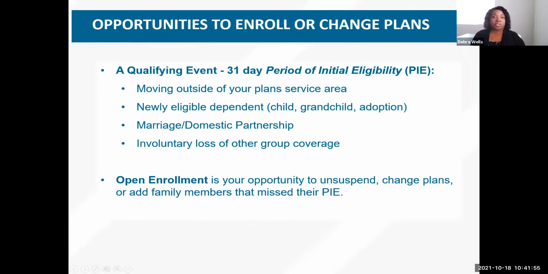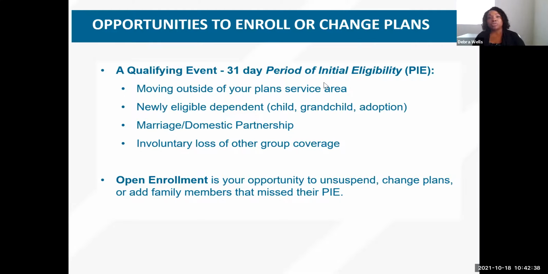So opportunities to enroll or change plans is if you have a qualifying event. If you are moving outside of your plan's service area, or you have a newly eligible dependent, a new spouse, or you now have your grandchild that you have to care for living in your home, you get married, or you were covered under your working spouse and they're deciding to retire and they're losing coverage, those are all qualifying events for you to immediately enroll in your UC sponsored plan.